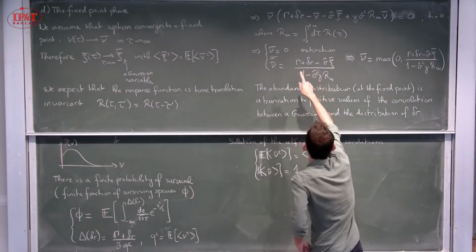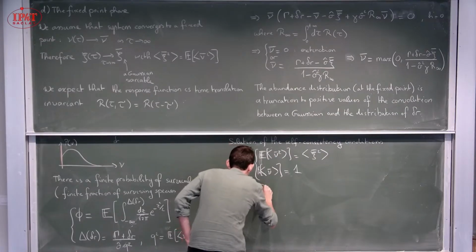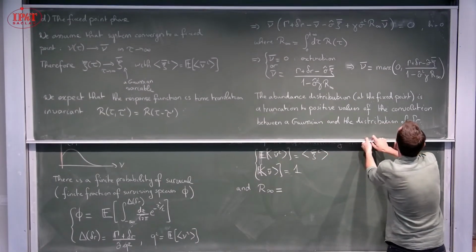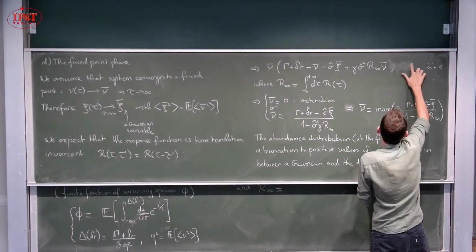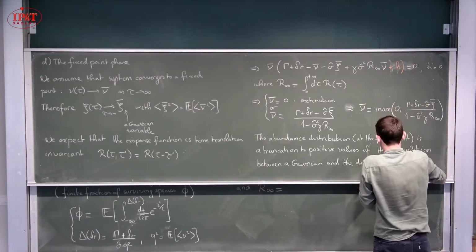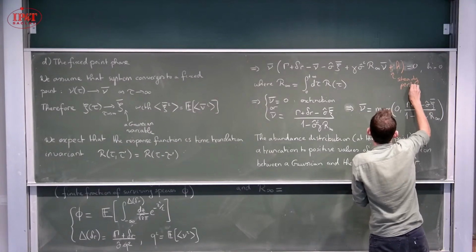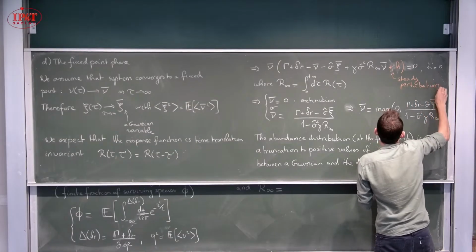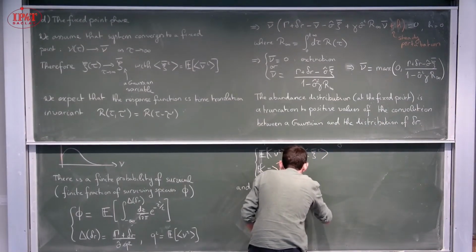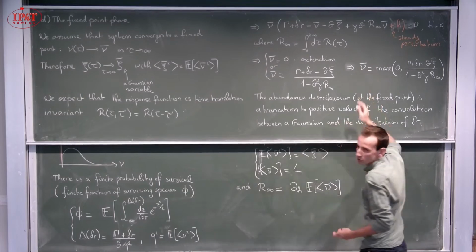And because R infinity is the integrated response, it's easy to get that if you had a steady perturbation, the integrated response is the linear response of the mean to this perturbation.